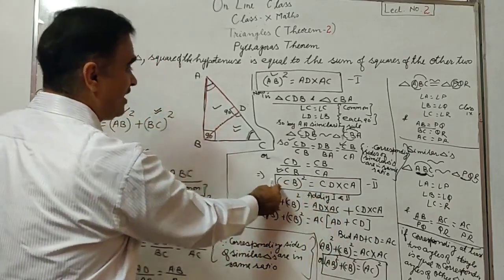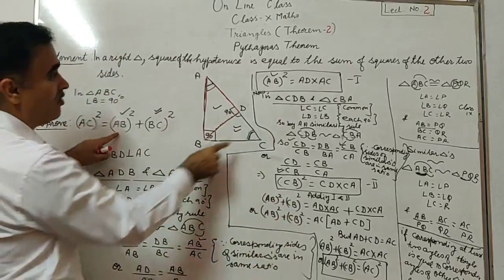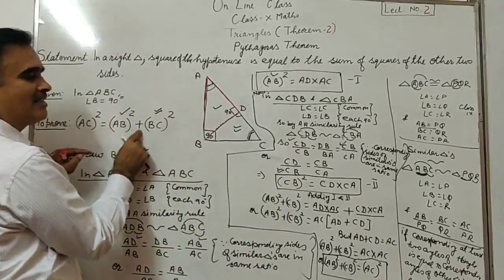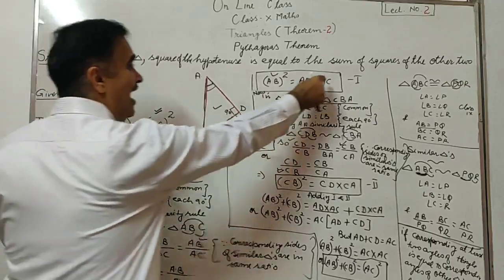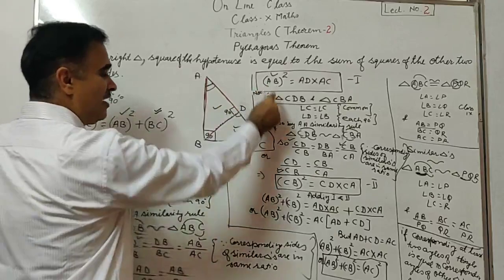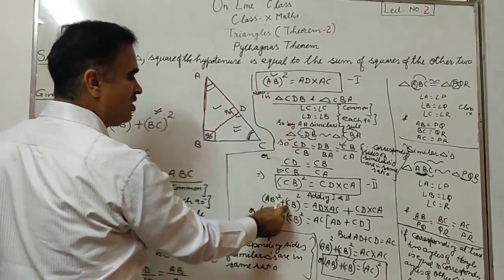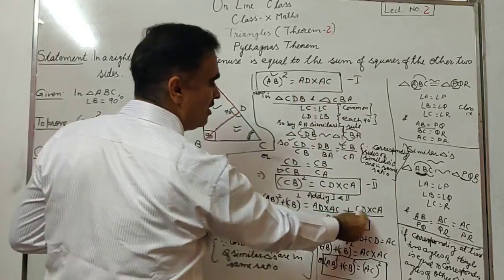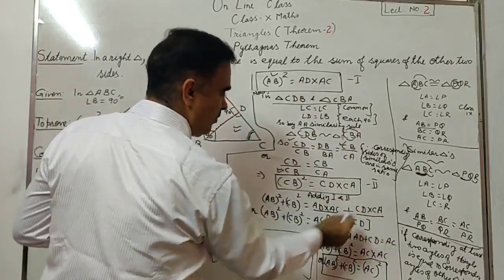After getting these two, what are we doing? Here it is AB square, here it is CB square. What is the relation between them? There is a plus sign. So we add the first and second so that we get this result. Left hand side, if we add, AB square plus CB square, or BC square, and the right hand side AD into AC plus CD into CA.